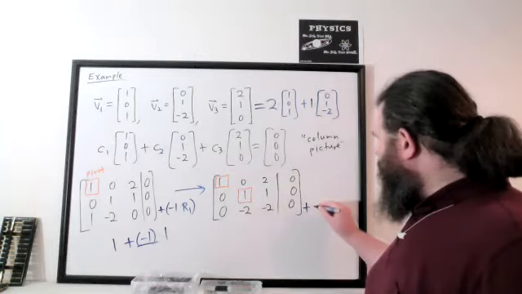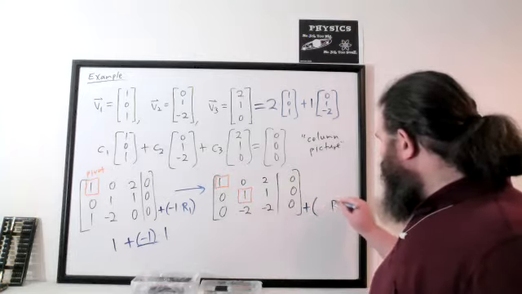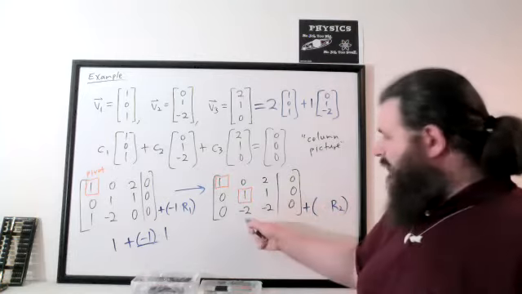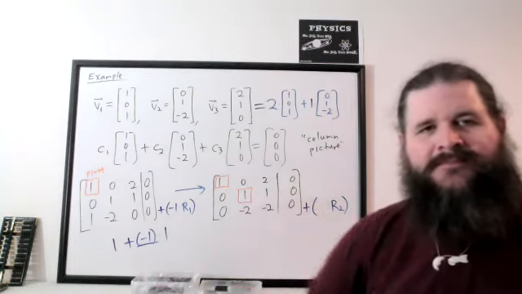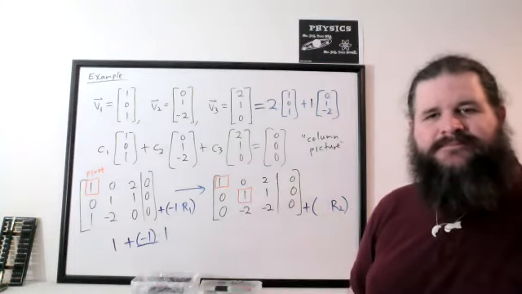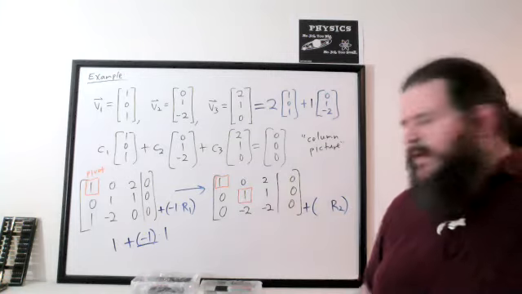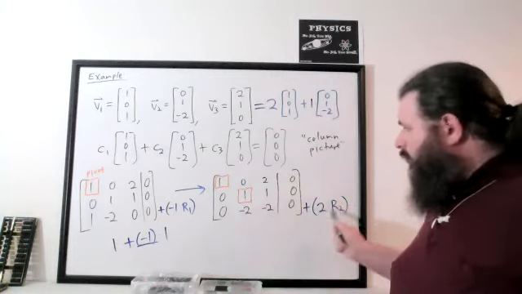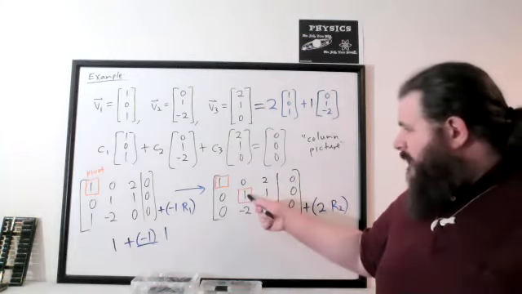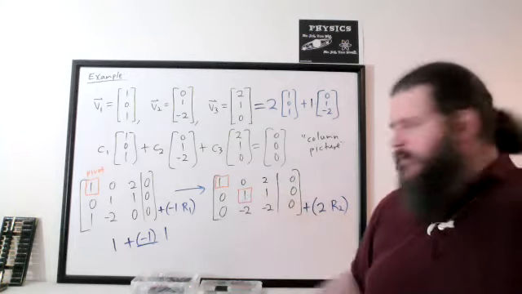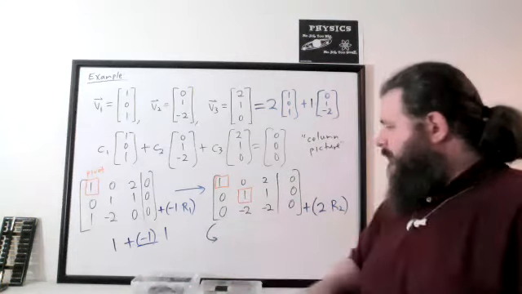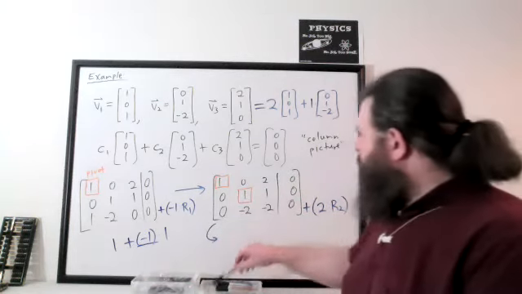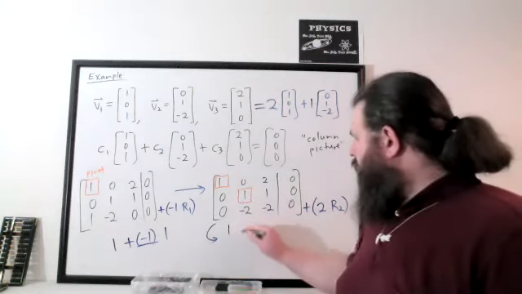Specifically, what multiple of row 2 could we add to row 3 to cancel out this -2? Yeah, if we take row 3 and add 2 times row 2, this 1 becomes a 2, which will cancel out the -2. So let's see what that turns into. First row, no change.